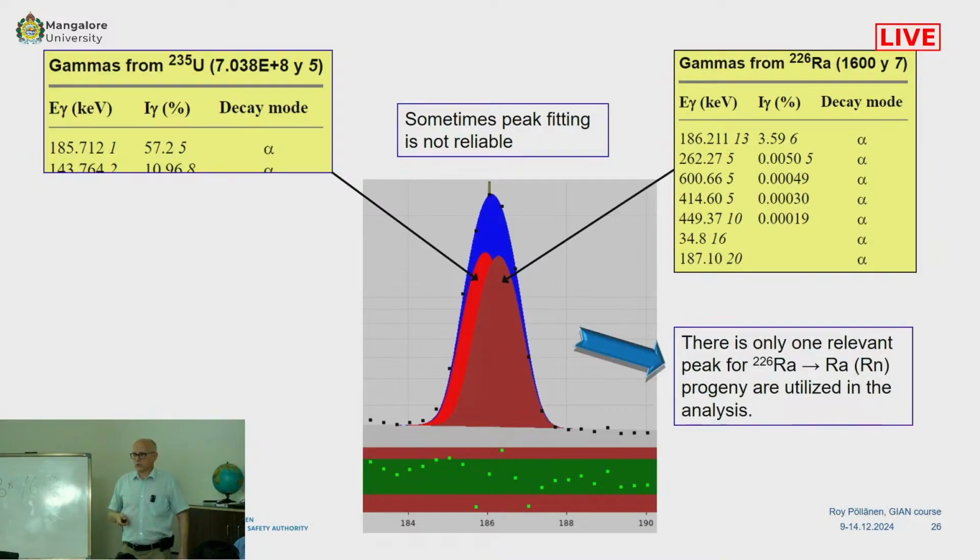Resolution is quite poor, but these things may happen in high purity germanium detectors too. Not very often. So in this case, if we want to analyze radium, we will analyze radon progeny: lead-214, bismuth-214.